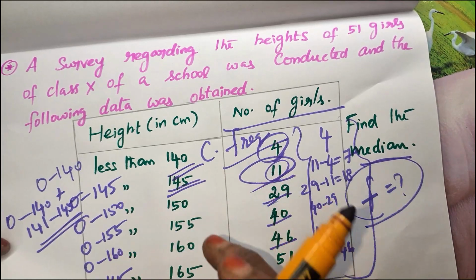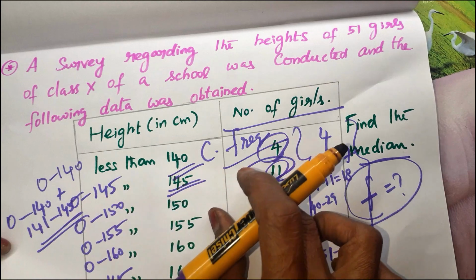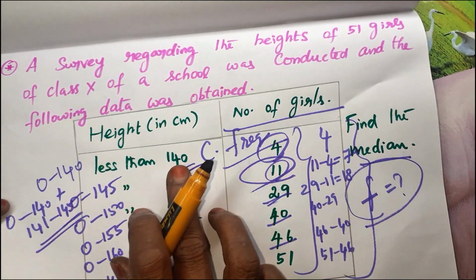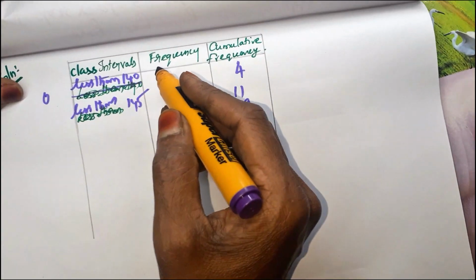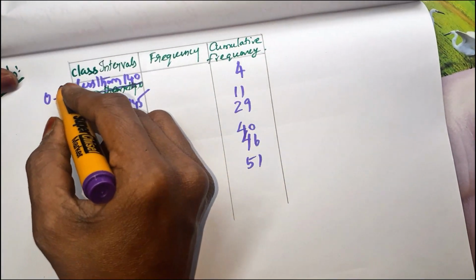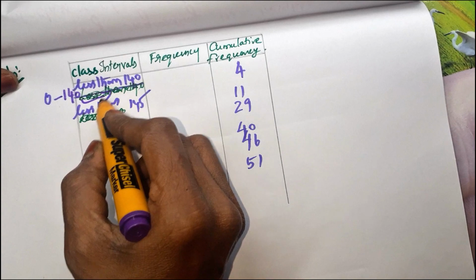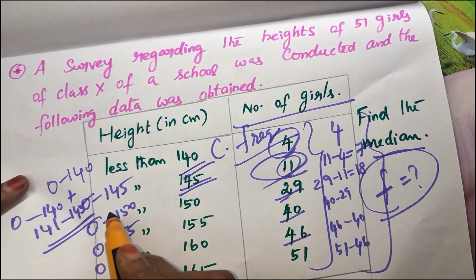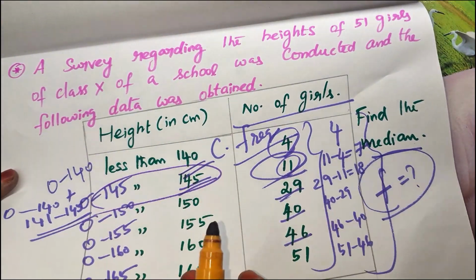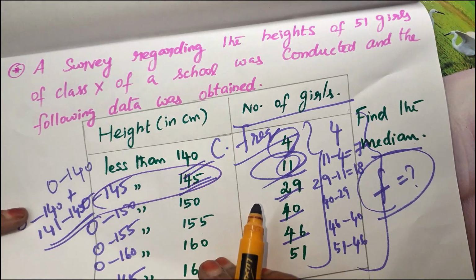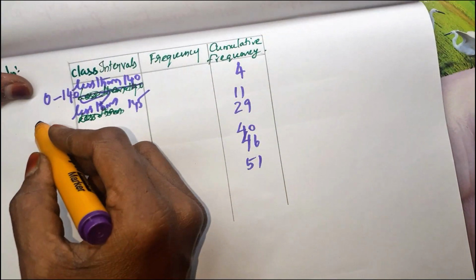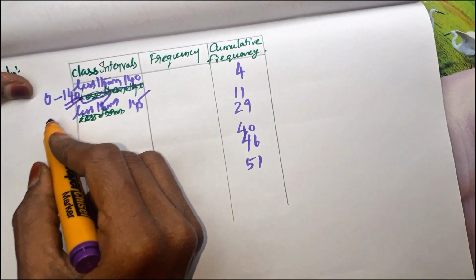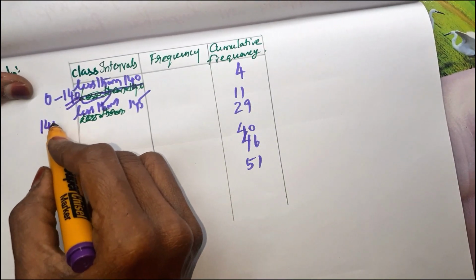In class intervals, we have to write the lower limit and the upper limit. Less than 140 means from 0 to 140. So in the first place, I can include 0 to 140. The second one, they have given less than 145. Because we stopped at 140, we have to start there.